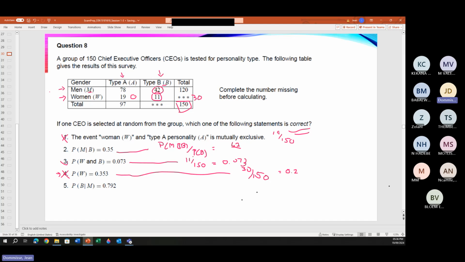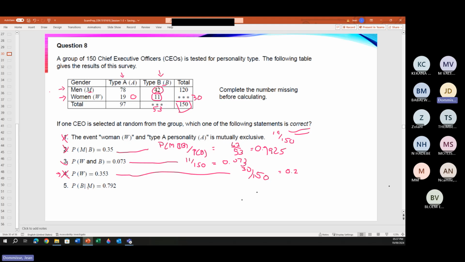And the probability of B, okay, so now we needed to add that up again, is 53. So 42 divided by 53, let's see what is that, 0.7925, which is actually that one.